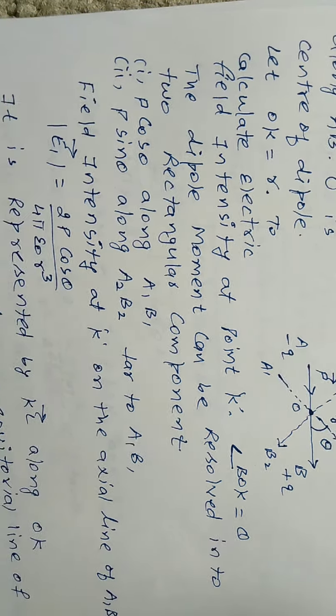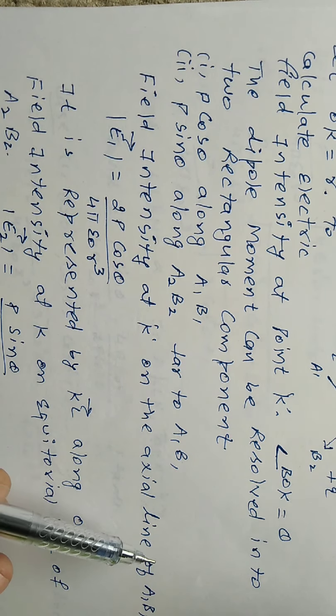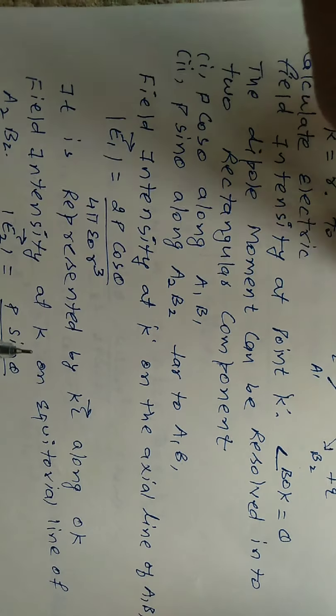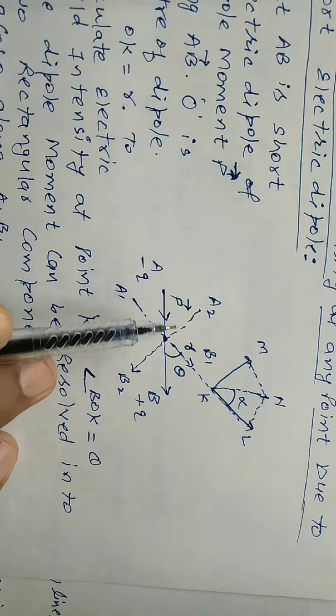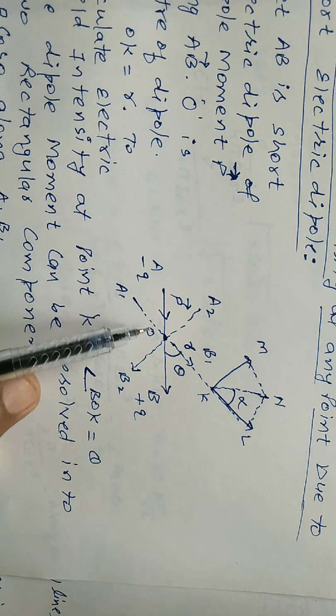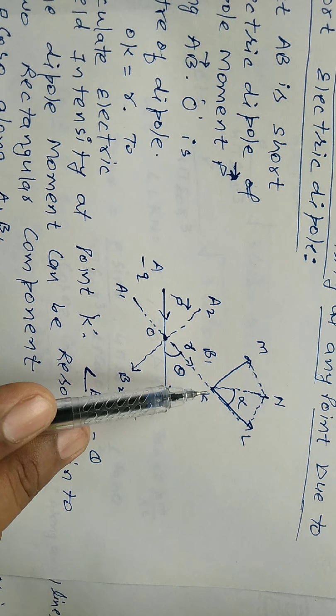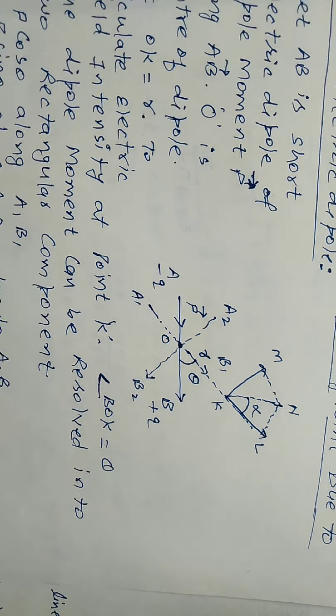Now the field intensity at point K on the axial line of A1 B1. In the diagram, A1 B1 is the axial line, and for the short dipole we have done electric field intensity.